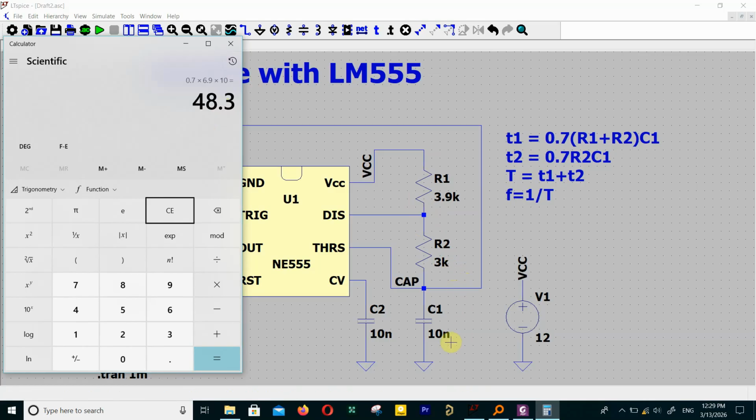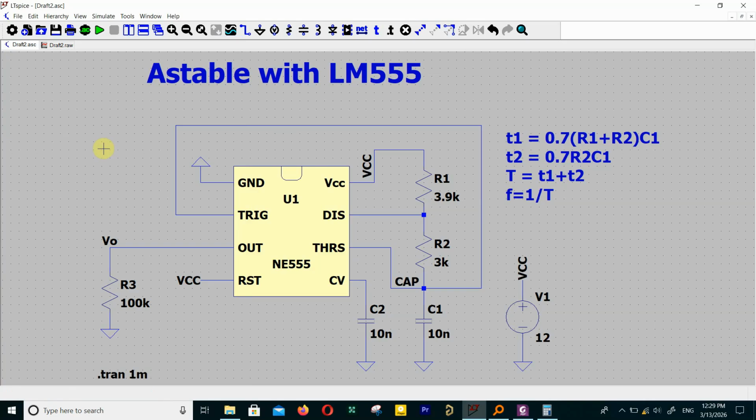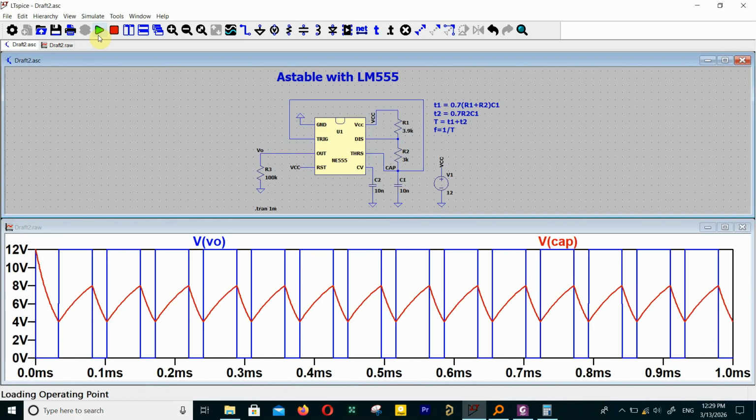Kilo times nano, which means this is going to be in microseconds. So almost 48 microseconds for the charging time of the capacitor. And how about T2, which is the discharging time? 0.7 times 3 times 10, which is 21 microseconds. These are the times that we're going to verify in this simulation.